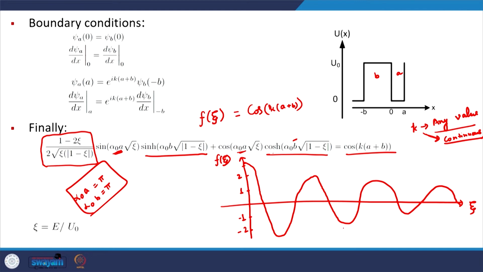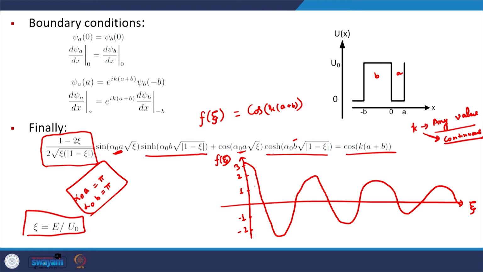On the left hand side, however, we have a hyperbolic function which initially has high amplitude, but gradually the amplitude decays down. So, the E and k values which will jointly satisfy this equation, if we try to figure that out from this plot, will be those values of energy or of this parameter xi for which this left hand side function is between +1 and -1.